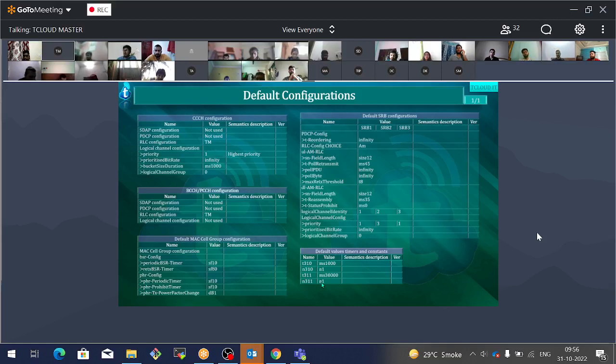Again, these constants also will be used in some RRC procedures. Is it possible for the GNodeB to change these values? Yes, because these are defaults. If you want, you can modify them. The GNodeB decides whether to modify or not. If the GNodeB is not providing a new set of values, these values are applicable. That's the point of default always.